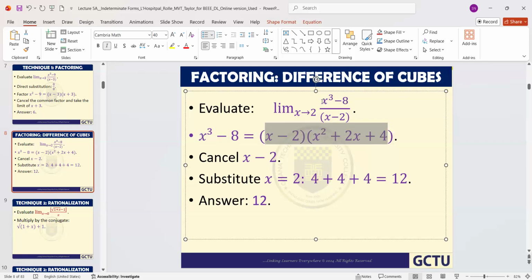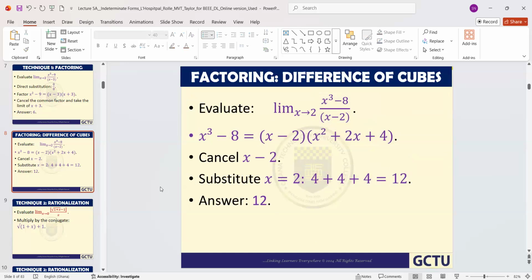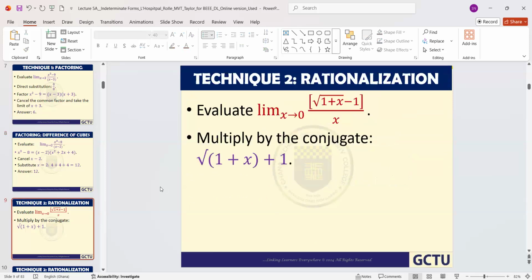If you substitute the numerator with these factors, one of the factors will cancel the denominator, and you'll be left with x squared plus 2x plus 4. Then substitute the limit, and that will give you 12. So we've seen factorization with difference of squares and difference of cubes, okay?